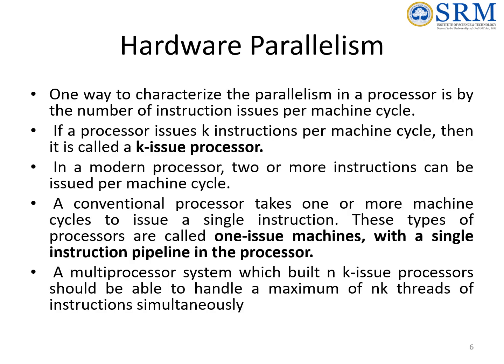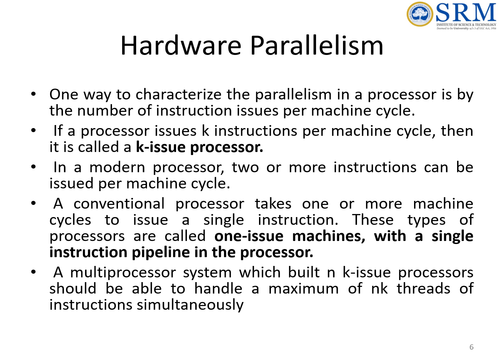One way to characterize the parallelism in a processor is by the number of instructions issued per machine cycle. So if a processor issues k instructions per machine cycle, then it is called a k-issue processor. In modern processors, two or more instructions can be issued per machine cycle. A conventional processor takes one or more machine cycles to issue a single instruction.